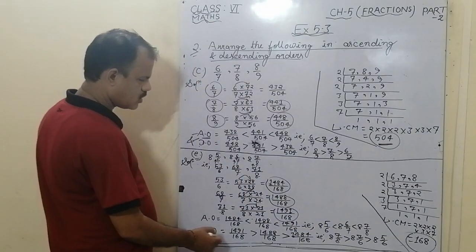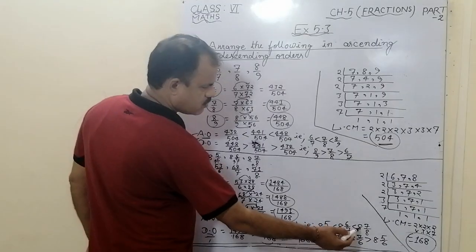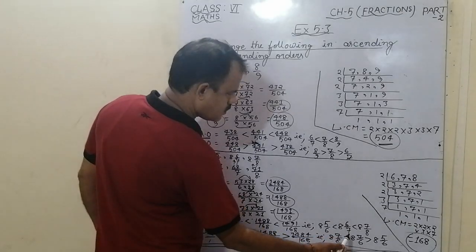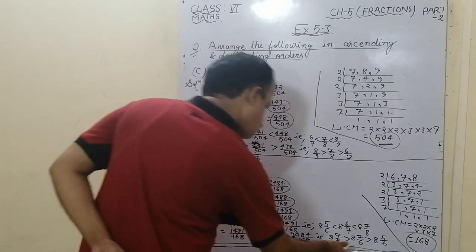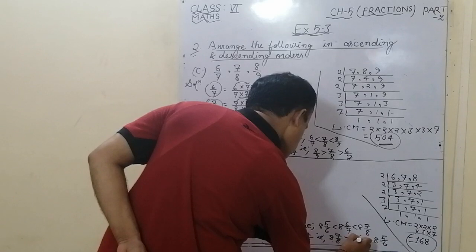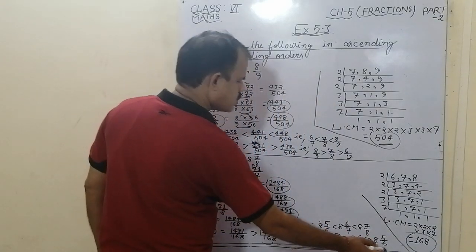Descending order is greatest to smallest, so you reverse it. First number is 8 whole 7 by 8, next 8 whole 6 by 7, and last 8 whole 5 by 6.